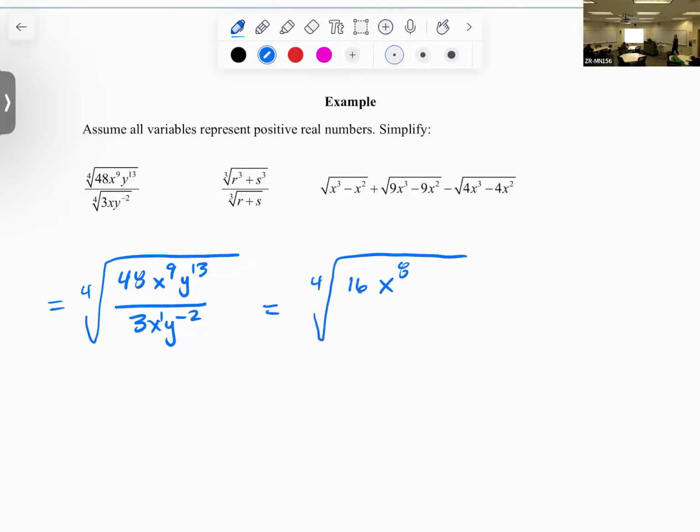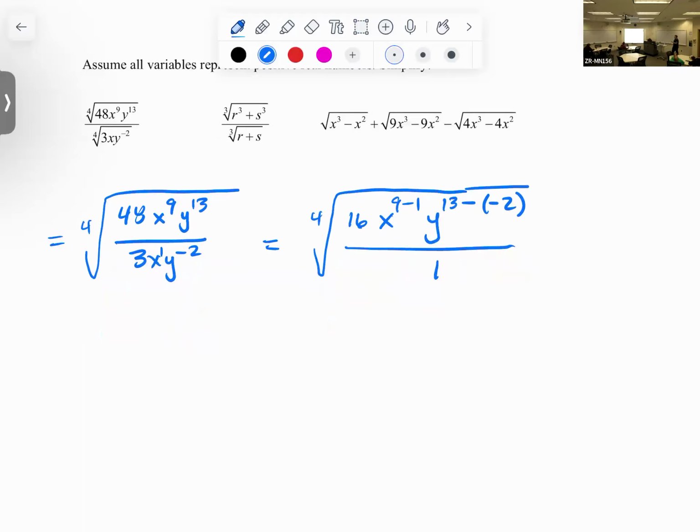Y to the 13th and Y to the negative second power. So wouldn't that be y to the 11th? Why the 15th? Y to the 15th. When you bring it up, it actually becomes 13 minus negative 2, which becomes 15. So remember that when you bring this up, and we'll write that one slower, minus negative 2, which then makes it positive.